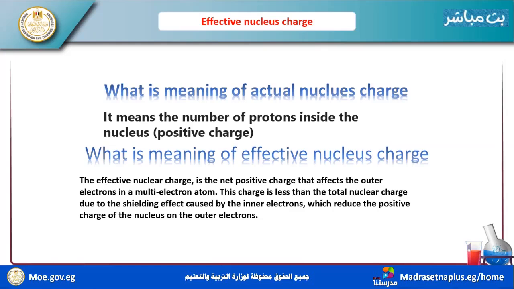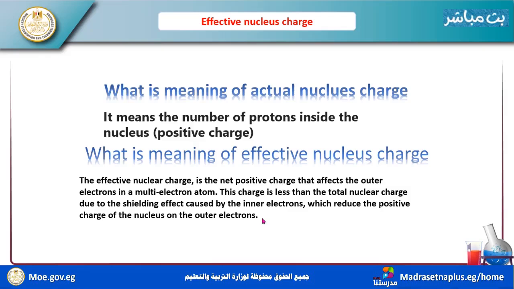The effective nuclear charge is less than the actual nuclear charge because it depends on the ability to attract the outer electrons in the outer energy levels. It is less than the total nuclear charge due to the shielding effect caused by the inner electrons, which reduces the positive charge of the nucleus on the outer electrons.